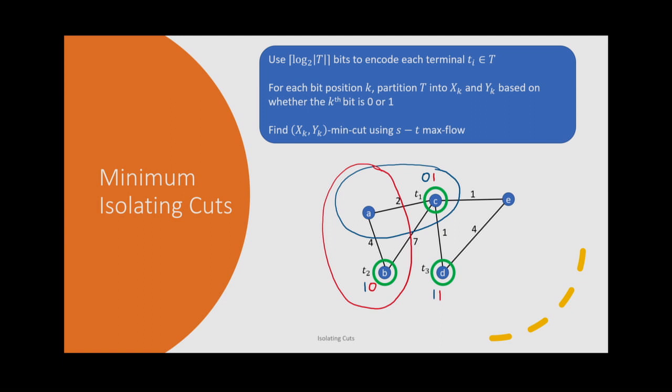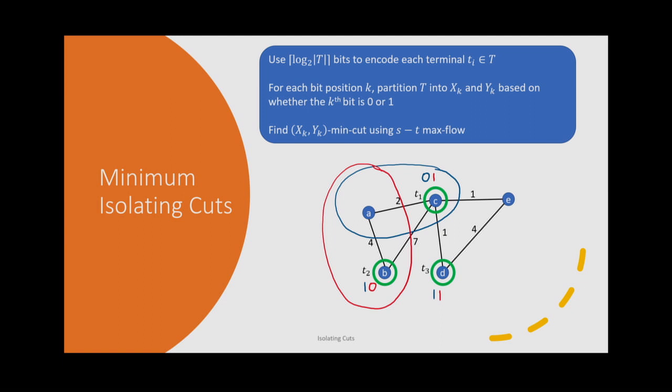Now I look at each bit position and I bipartition the terminals based on the value in that bit position. So for example, if I look at the first bit position, the one in blue, then the bipartition is C on one side, it has value 0, B and D on the other side, they have value 1.